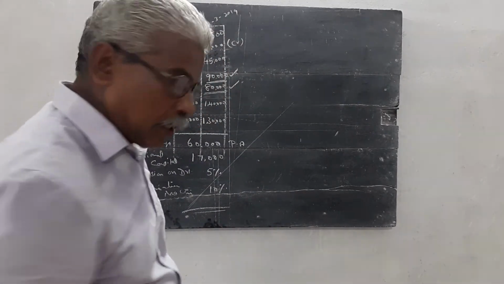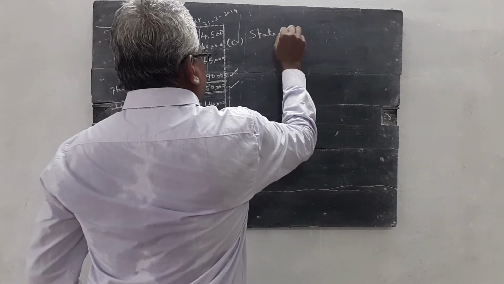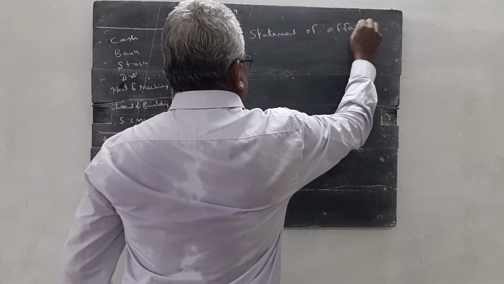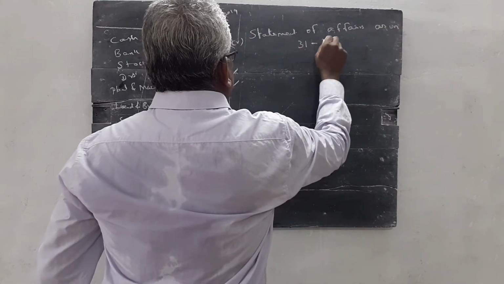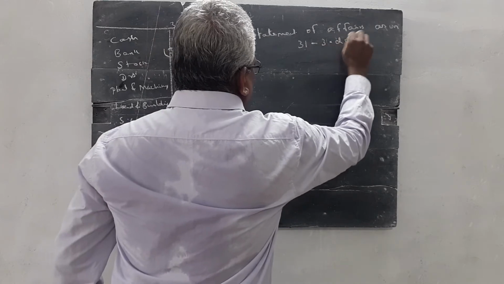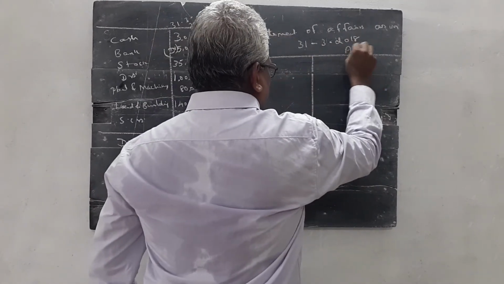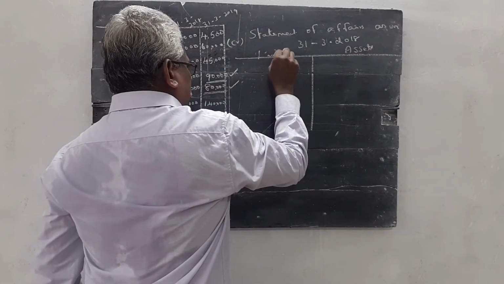Statement of affairs as on 31/3/2018. First we write the assets, then we write the liabilities.